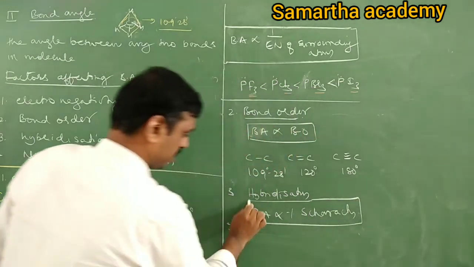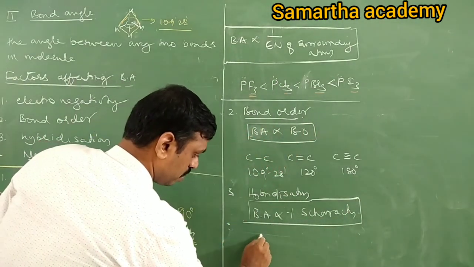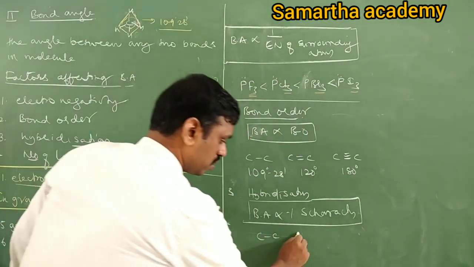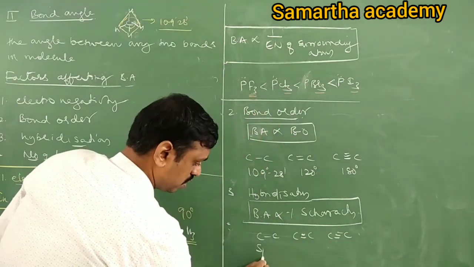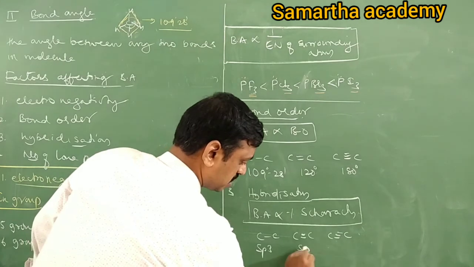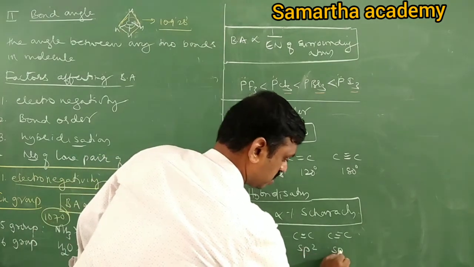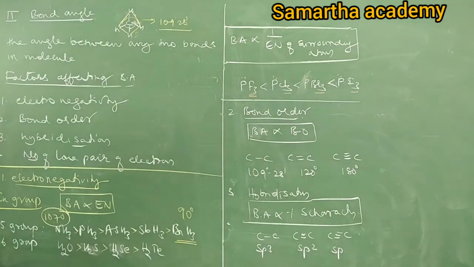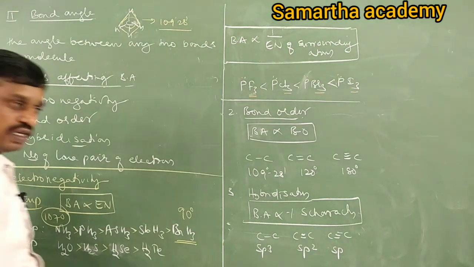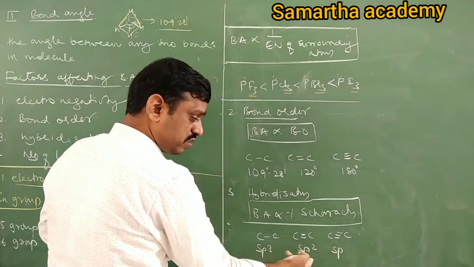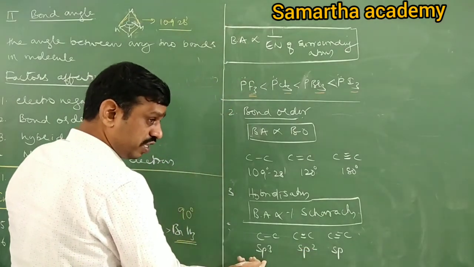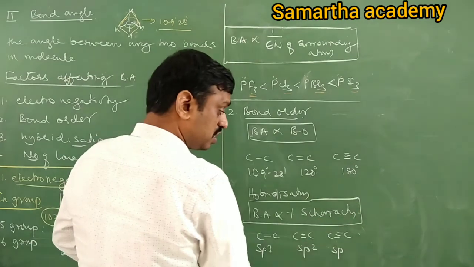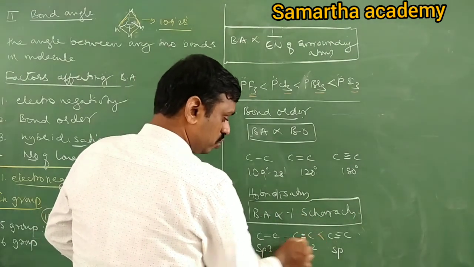Let us take carbon-carbon single bond, double bond, triple bond. This is sp3, this is sp2, this is sp. Which one has more s character? sp has 50%, the most s character. Next is sp2, 33% s character. Next is sp3, 25%. As the percentage of s character increases, bond angle also increases.